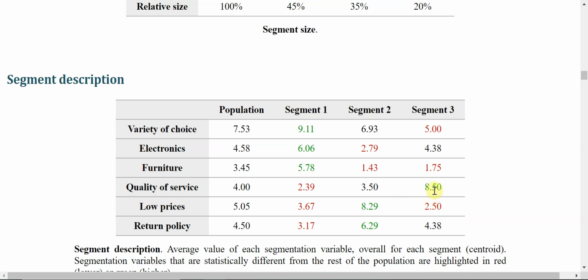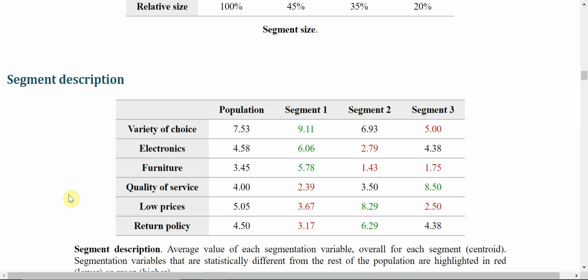So we can target the 2 segments. For quality of service, we can target segment 3. You can use this information in your promotion. And you can target segment 2 with strong return policy because they think that return policy is important. You can use information like that we are very good in return policy in communicating with segment number 2.